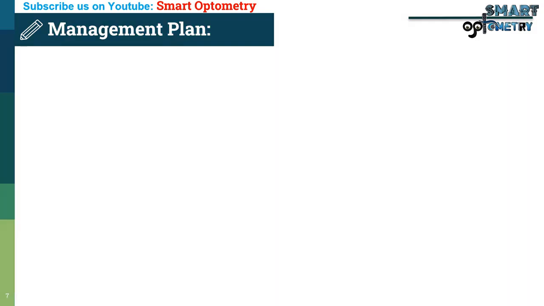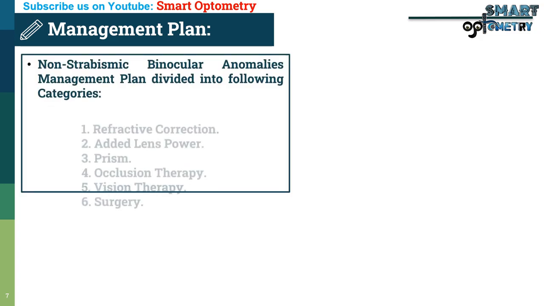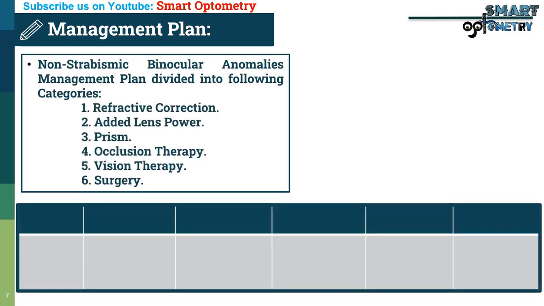Now let's see the management plan for accommodative infacility. The management plan for non-strabismic binocular anomalies can be divided into the following categories. Let's see the protocol for accommodative infacility. Refractive correction: it should always be given in accommodative infacility. Added plus lens: not recommended.